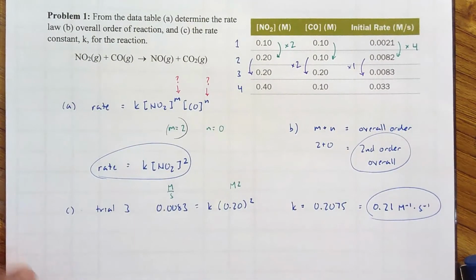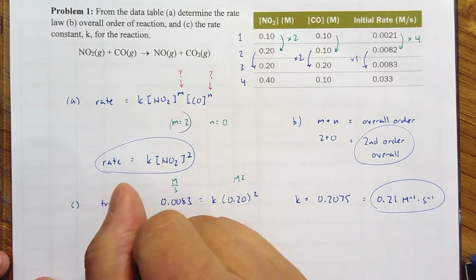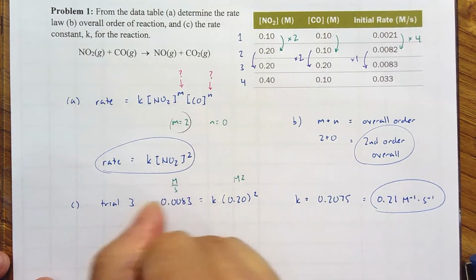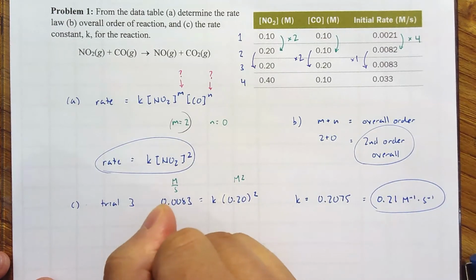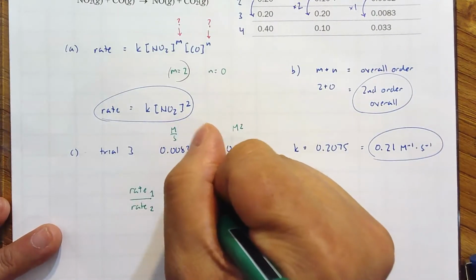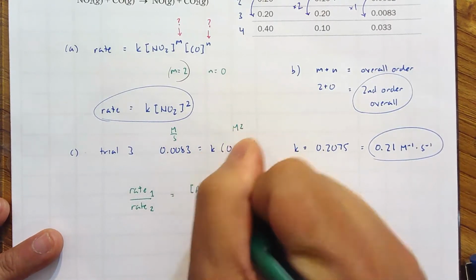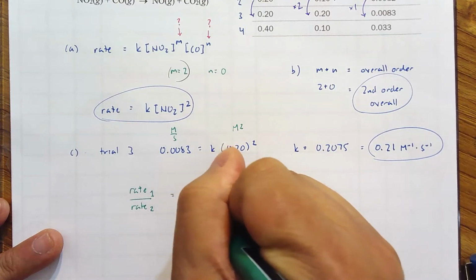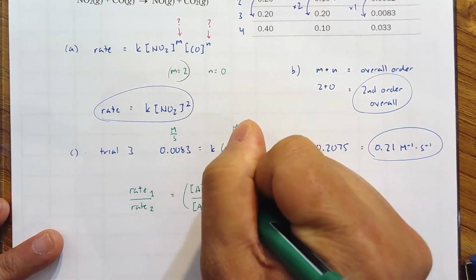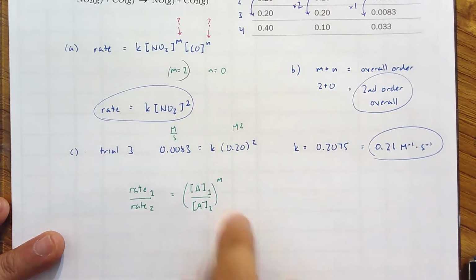Remember, the rate of one experiment over the rate of a second experiment equals the concentration of the reactant in the first experiment divided by the concentration of the reactant in the second experiment, raised to the m. And then you're going to solve for m.